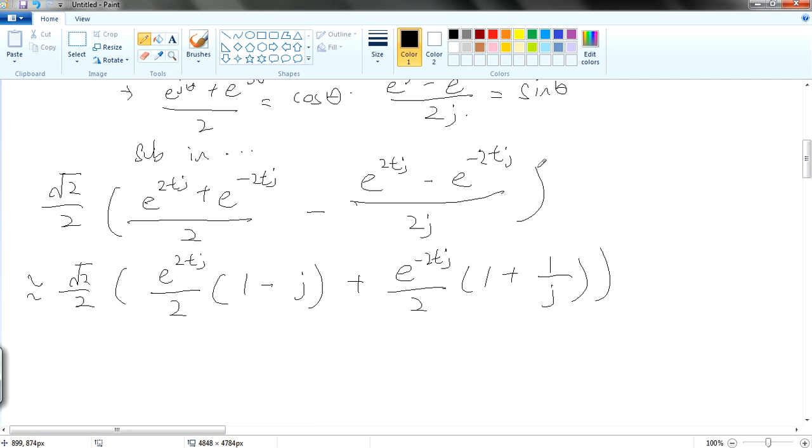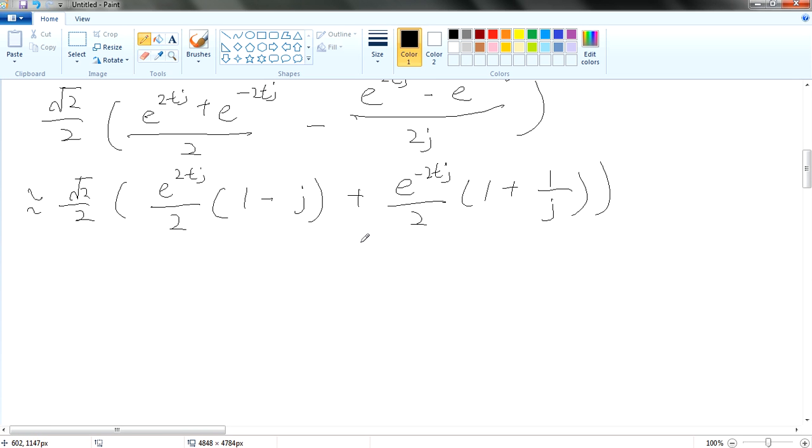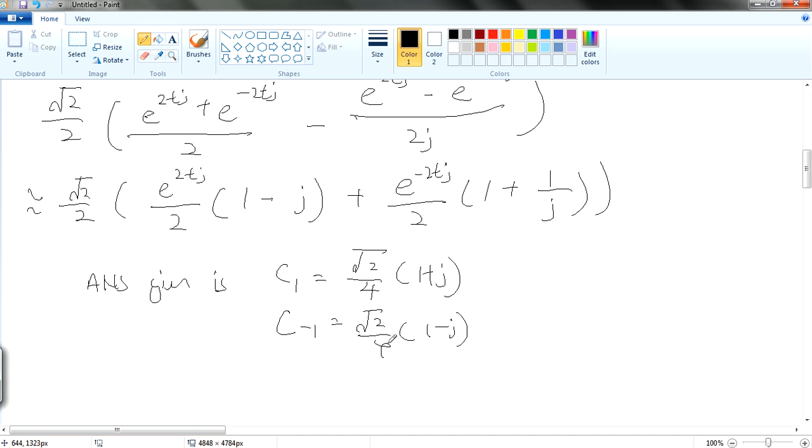So if you compare with the answer written, the answer says that C1 is equal to square root 2 over 4 times (1 plus j), and then C minus 1 is equal to 1 minus j, which I don't know what it is already.